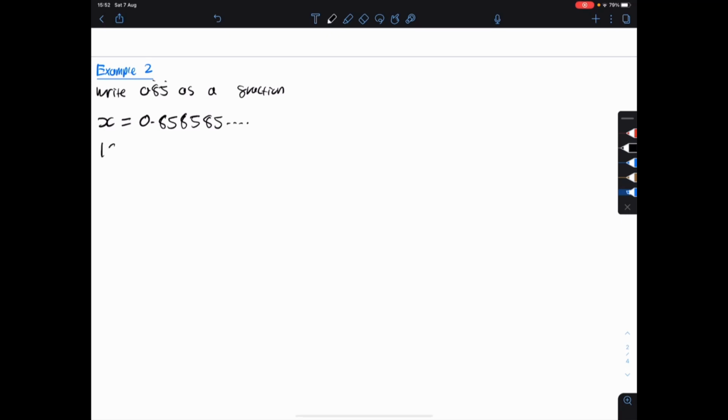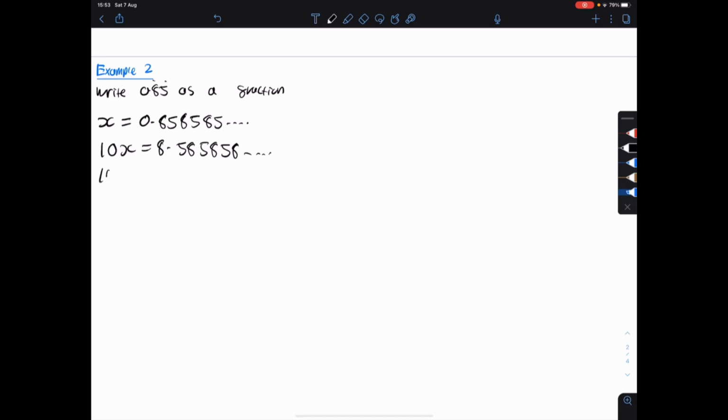So times both sides by 10, we get 10x equals 8.585858, and so on. So what's going to happen here is that if we try to take x from both sides, these digits won't cancel out.